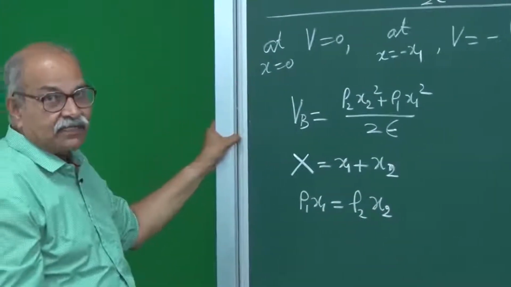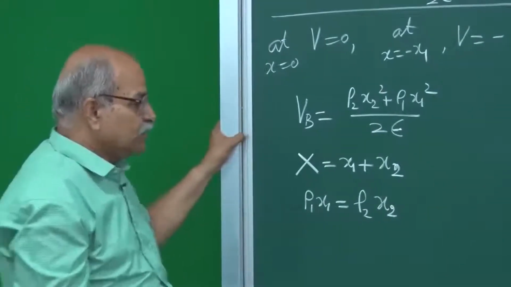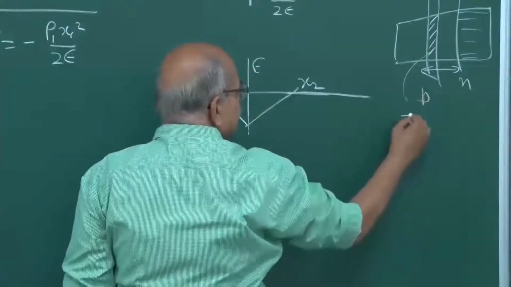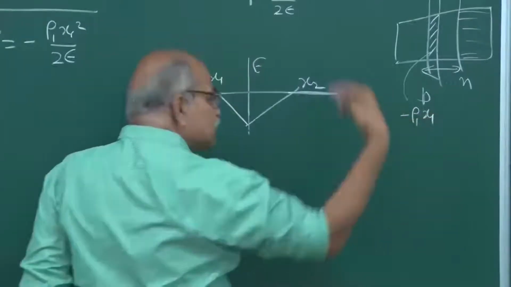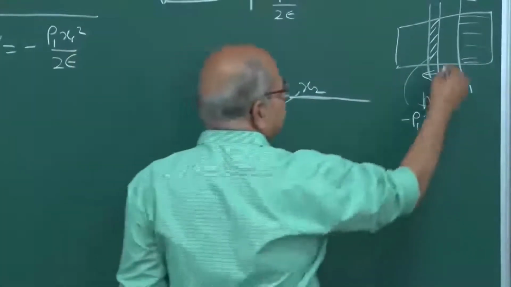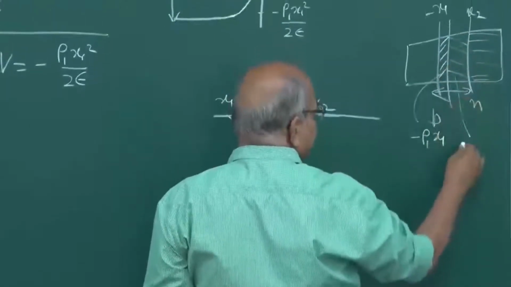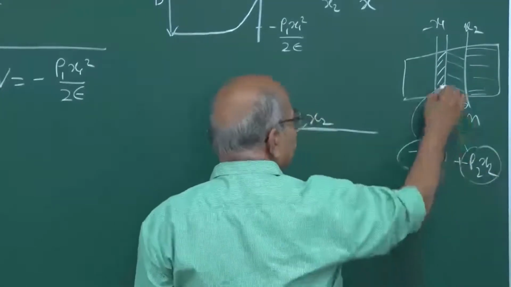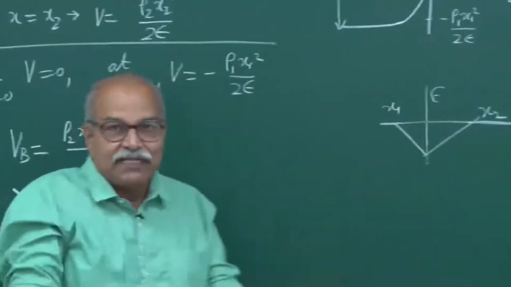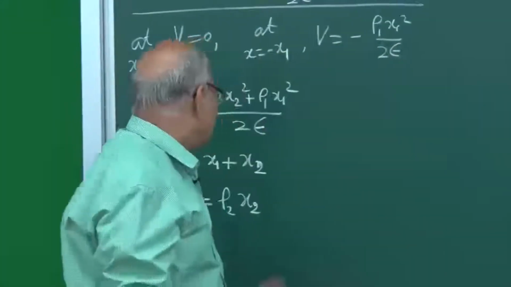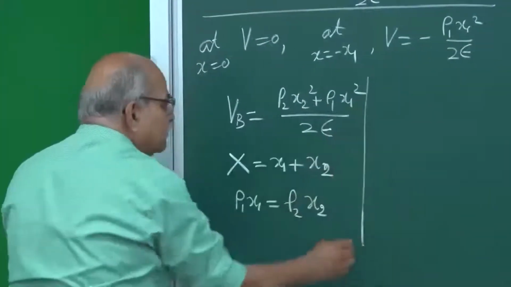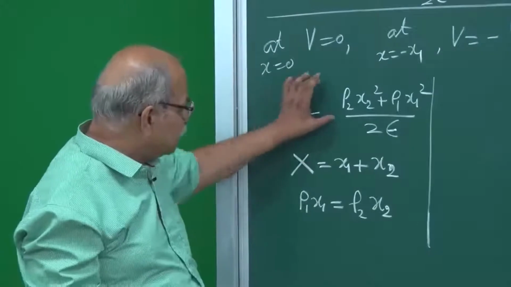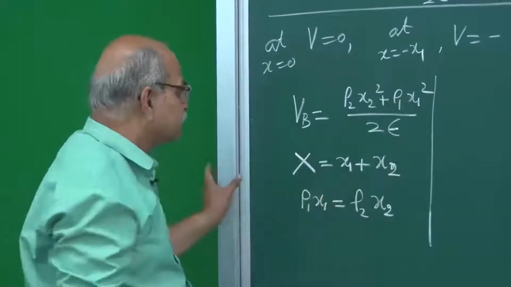Right? Charge neutrality, rho 1 x1 should be equal to rho 2 x2 because the charge here is minus rho 1 times x1 times the area of cross section, and the charge which is here will be similarly plus rho 2 x2. And since this total should be 0, after all we have not put any charge in this material, so this relation. From these we can write capital X in terms of VB, rho 1, rho 2, eliminating x1 and x2.